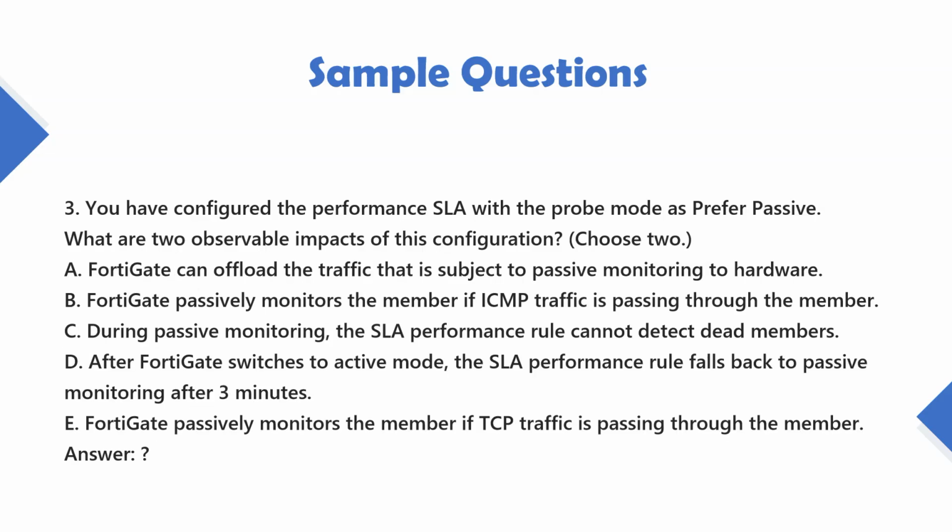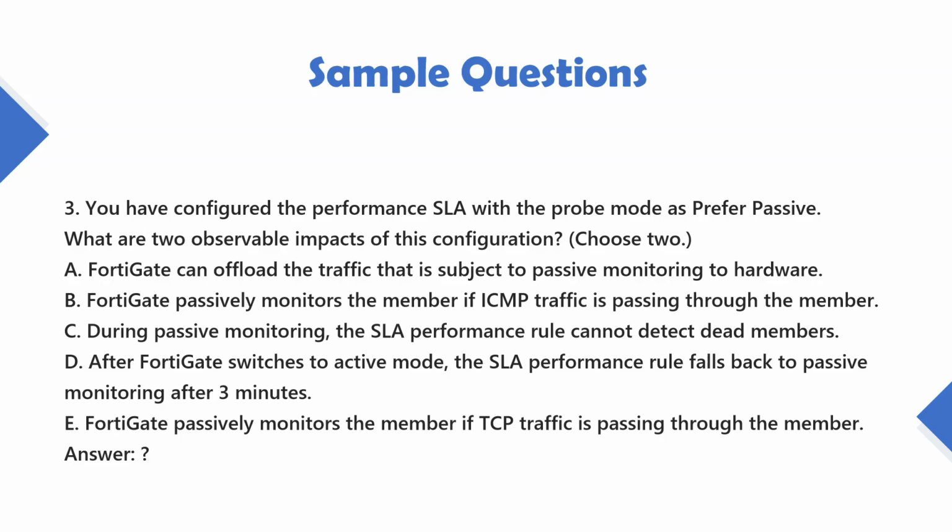3. You have configured the performance SLA with the probe mode as prefer passive. What are two observable impacts of this configuration? Choose 2. A. FortiGate can offload the traffic that is subject to passive monitoring to hardware. B. FortiGate passively monitors the member if ICMP traffic is passing through the member.